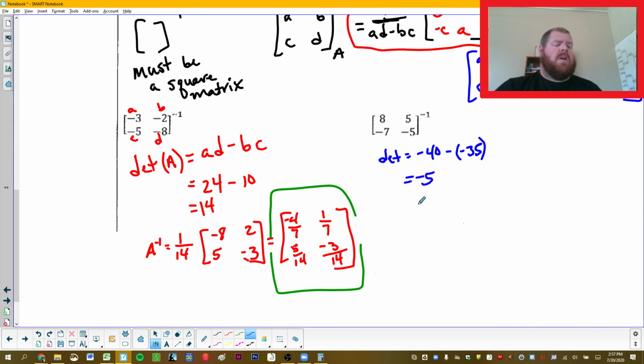So that's my determinant. So the inverse is going to be 1 over -5, or -1/5, same kind of thing. Flip A and D, and change the signs on B and C.